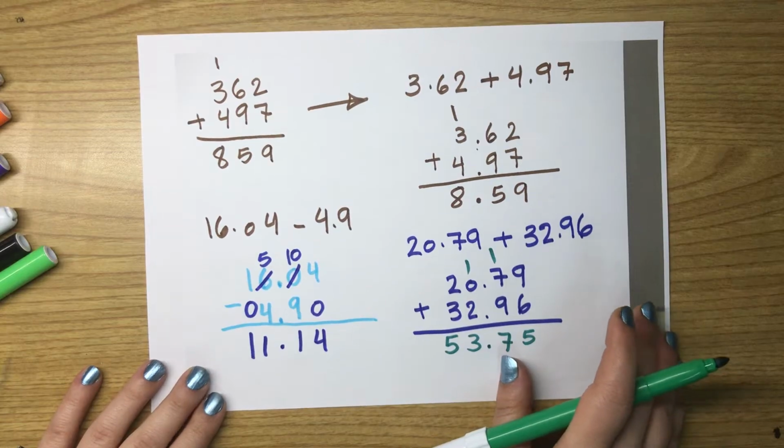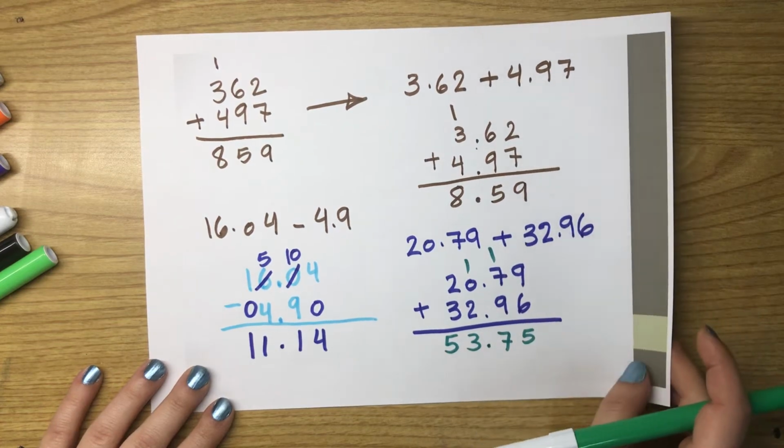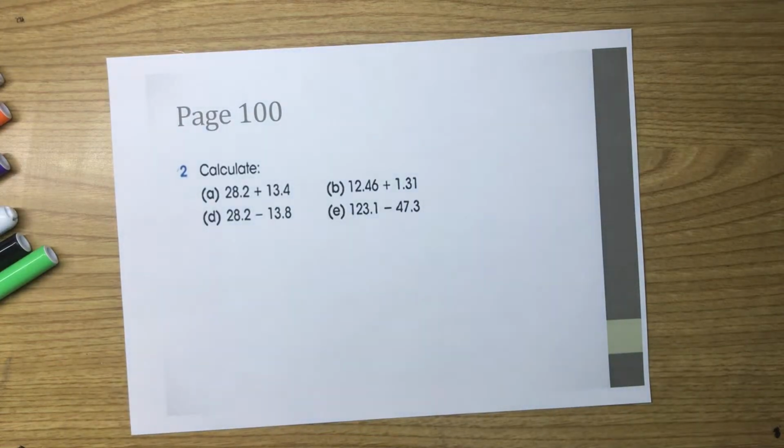Okay, please bring your learner's book and let's do some questions together. On your learner's book, page number 100, we are going to take those exercises and do them together.